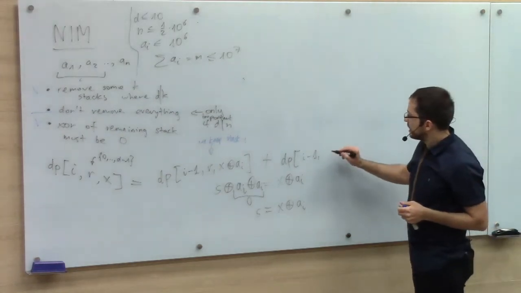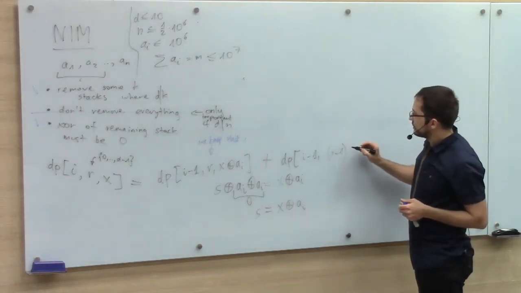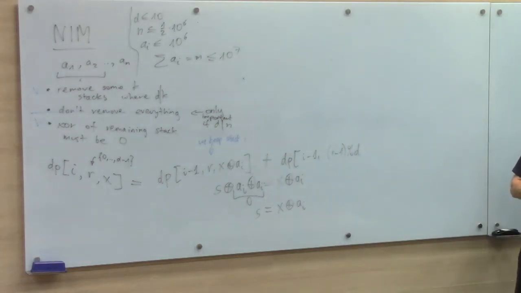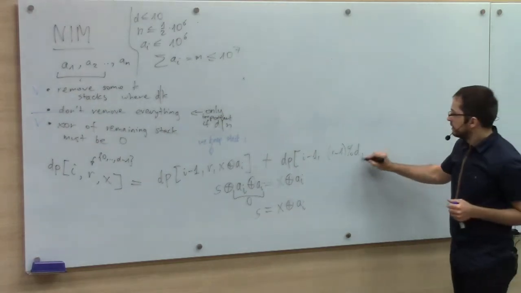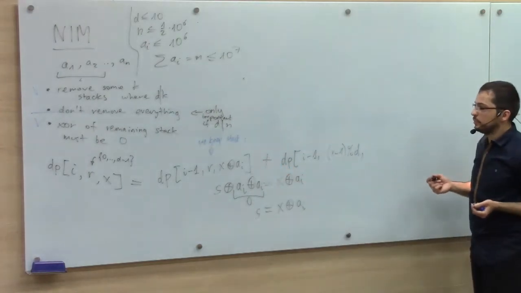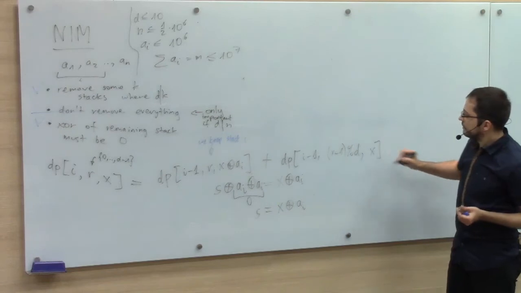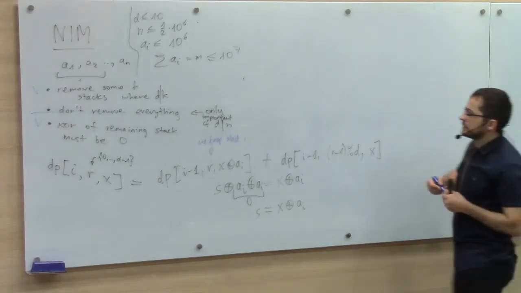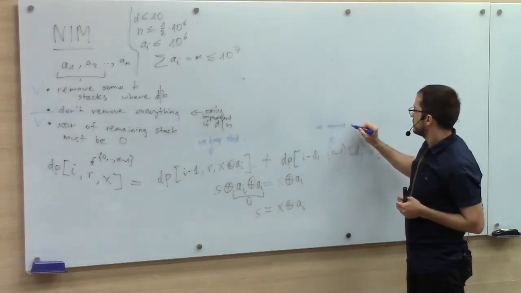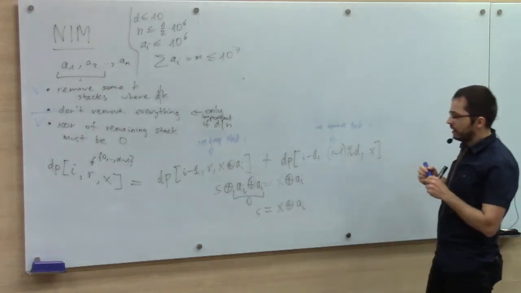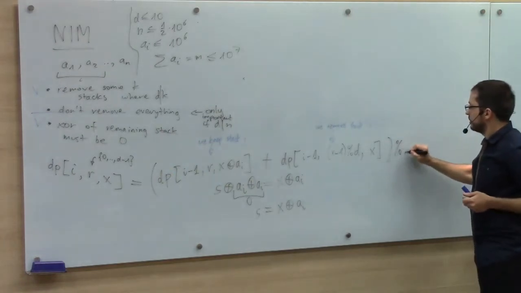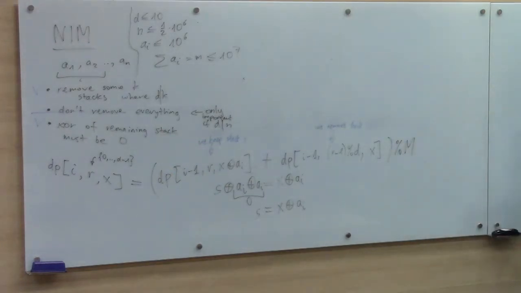Here we need to decrease this number, so we put R minus 1 modulo D. On the last coordinate we have just X, because we removed stack number I, so the XOR of the remaining stacks is the same. This is the case when we remove stack I. And of course we take modulo M, because we are calculating the answer modulo some big number.